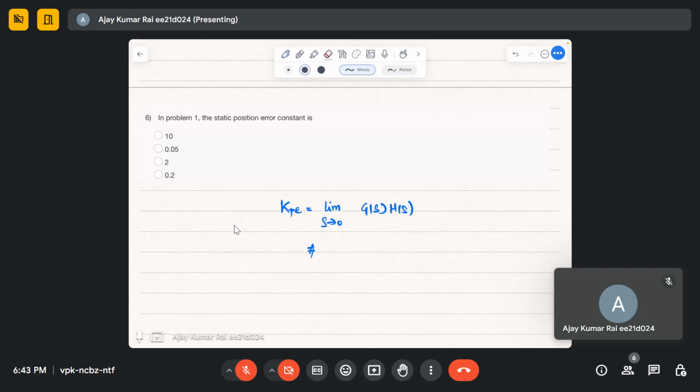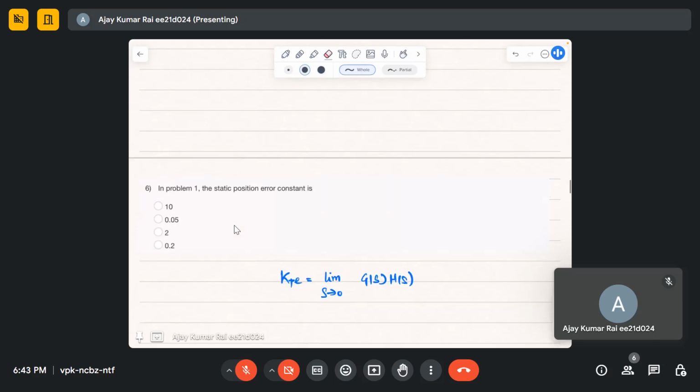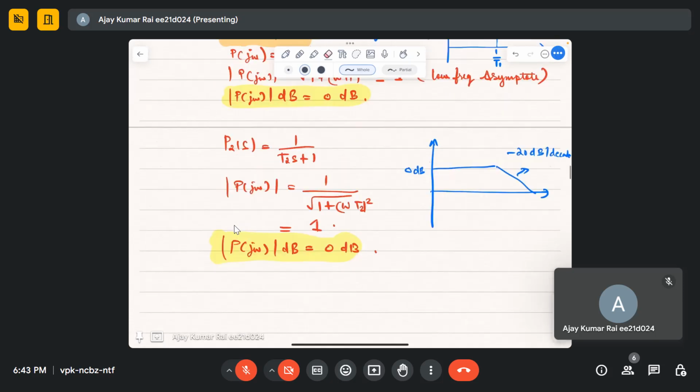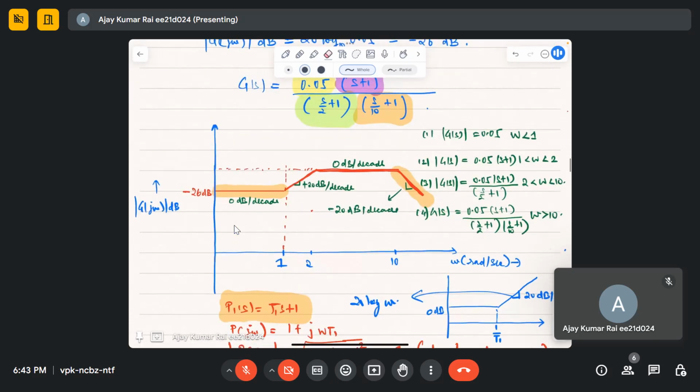One way is, since we have learned the Bode plot, we'll be using this Bode plot to find out the static error constant.